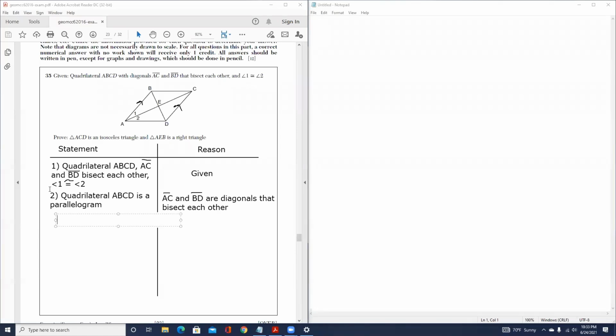Let's continue on to statement 3. Now we know that this is a parallelogram. We just defined it as a parallelogram. We could prove it as a parallelogram based on one of the statements that we were given. Now we can prove that AB is parallel to CD, and the reason for this being that opposite sides of a parallelogram are parallel.